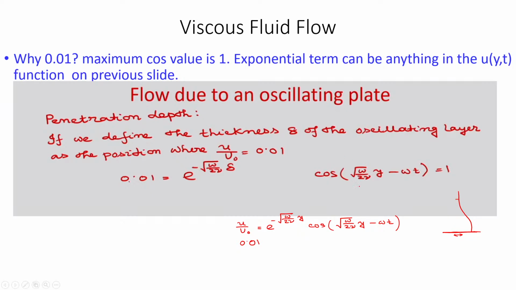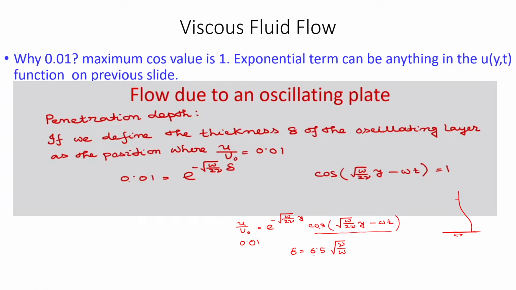So when we are considering this cos term, if we take it as 1, then we will get maximum y. In this case delta becomes, I don't remember exactly, I think it is 6.5 times root nu by omega. Now you are saying that it may vary between any value from 0 to 1, but we are taking the maximum value such that this penetration depth becomes maximum.